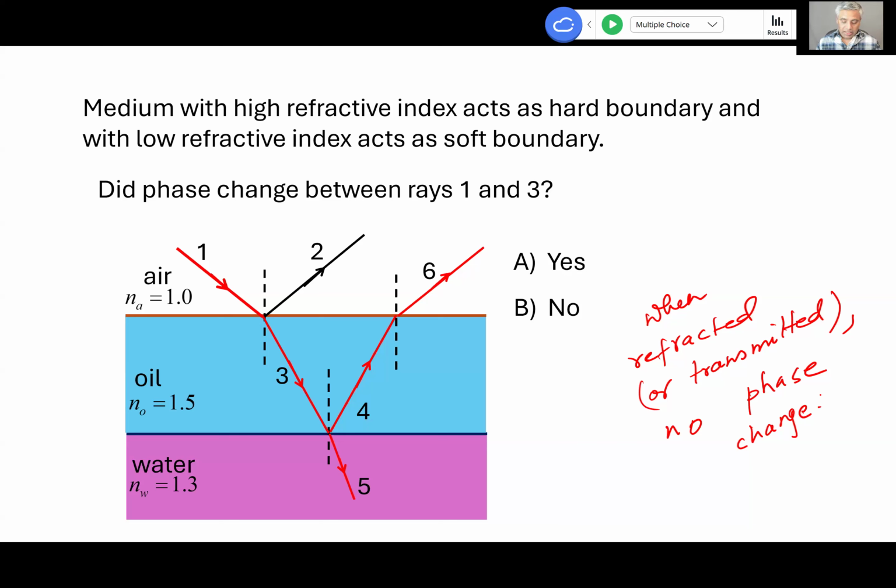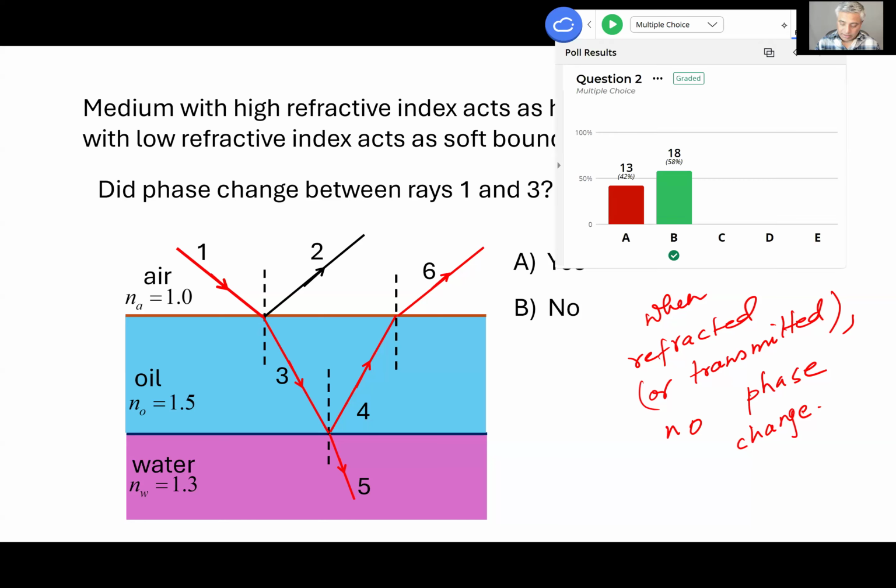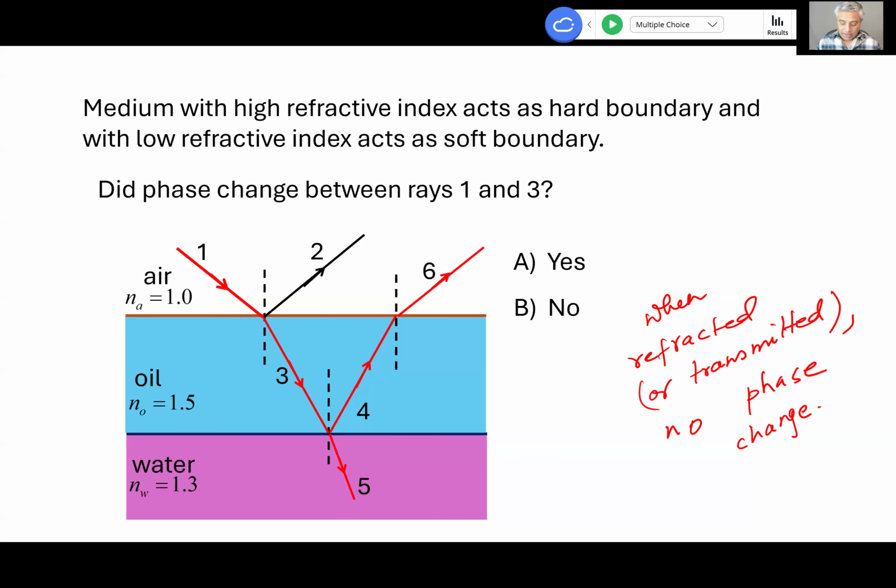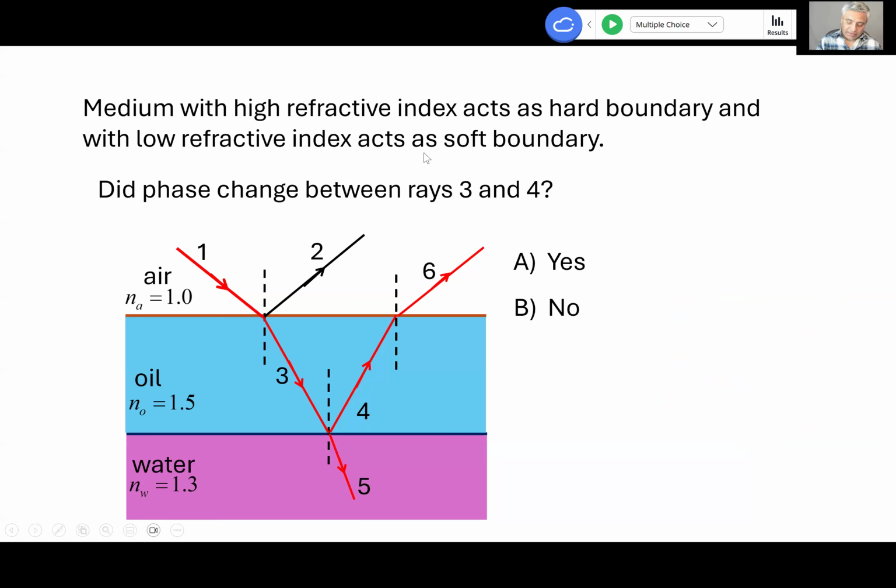So that's why B is the correct answer in this case. Did I mark that? Yes. So now, again, between 3 and 4, we're talking about.